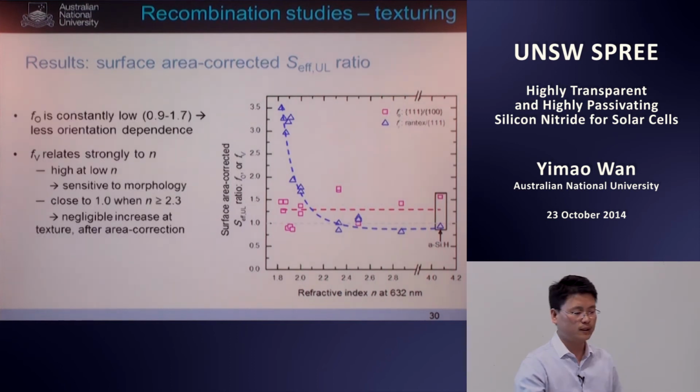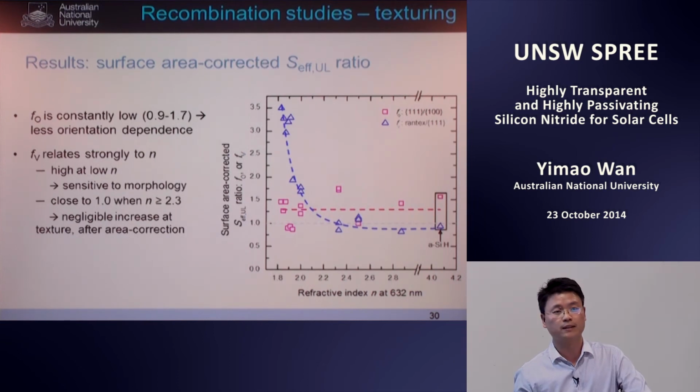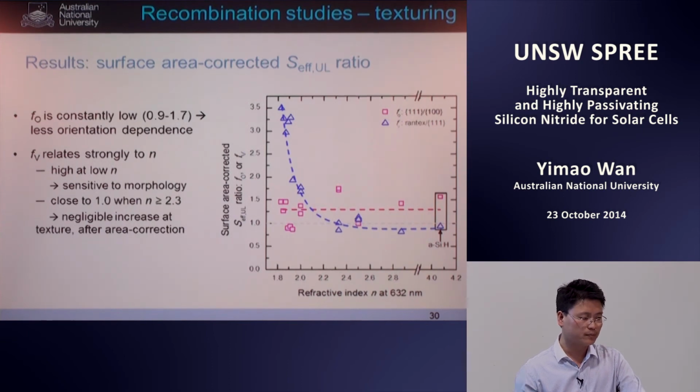So the result means the orientation factor FO is constantly low, which means the recombination at the texture surface when passivated by silicon nitride has little orientation dependence. The 111 orientation doesn't contribute quite high additional recombination.